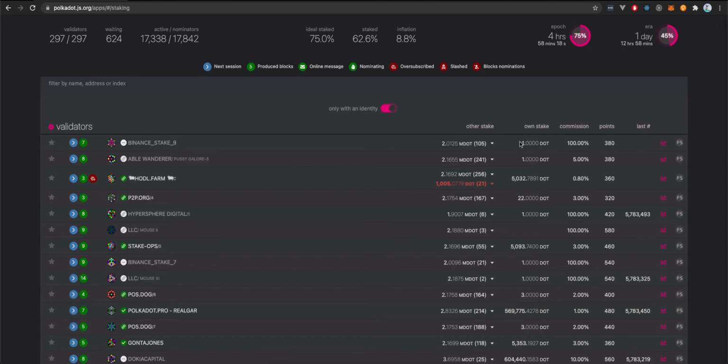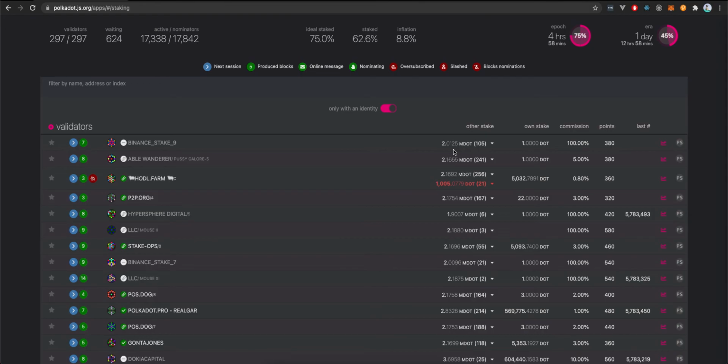Let's have a look at the Binance stake, for instance. Of course, this is Binance, but just theoretically. It means that Binance put only one DOT in its own stake, and we have over 2 million DOT from nominators like myself.